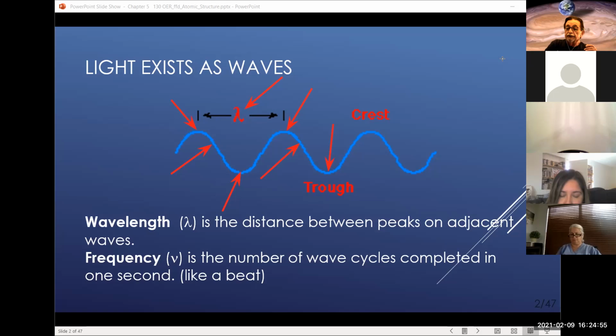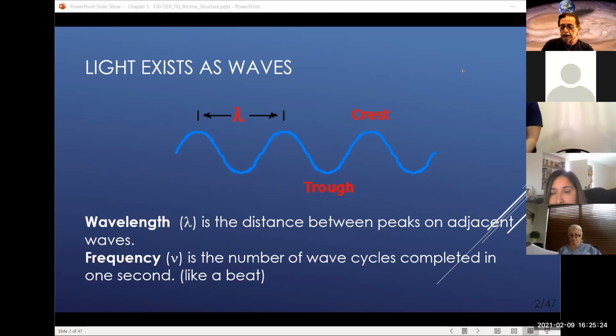Now the frequency, and you're probably used to this term, frequency, because right now, if you're on a computer, your processor is working with a certain amount of speed. You may have a 2 gigahertz computer or 1 gigahertz, whatever the case may be. Giga meaning billion. If you got a 2.0 gigahertz computer, you are doing 2 billion things in 1 second.